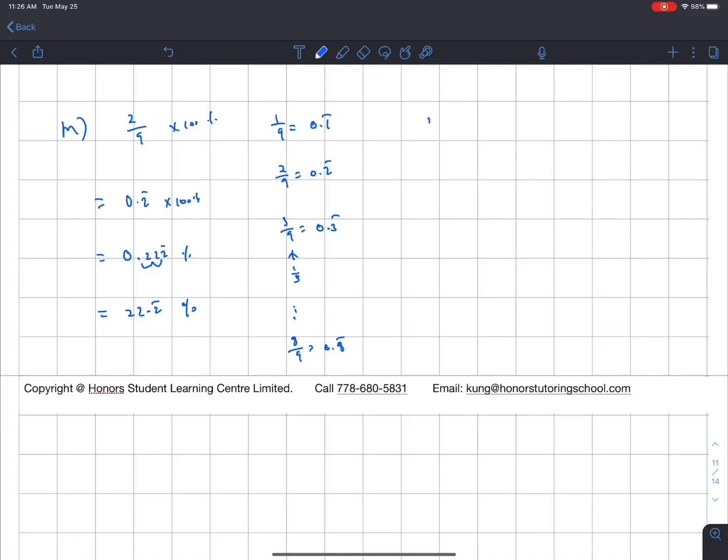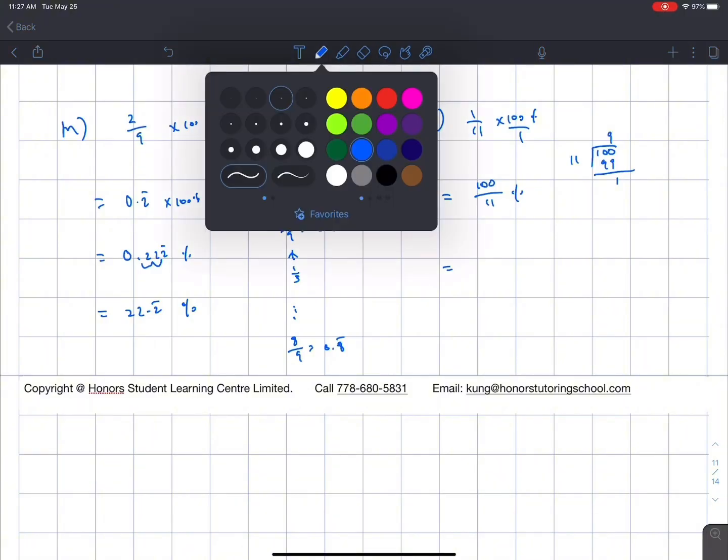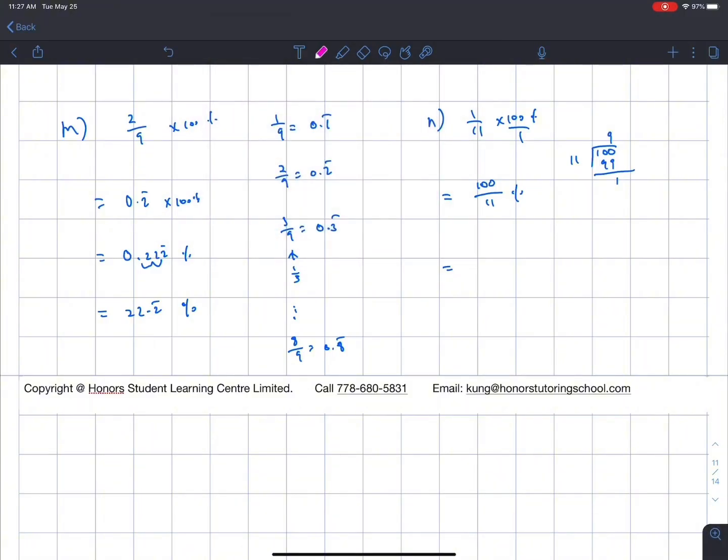And then N, 1 over 11 times 100% over 1. So this one I would just multiply and then do a long division. So 11 times 9 is 99. Subtract, and I'm back to 1 divided by 11. Well, actually, this is 100 divided by 11. Okay, let me see. So add a point 0, line up the decimal point, move the 0 down, and then add another 0, move it down.